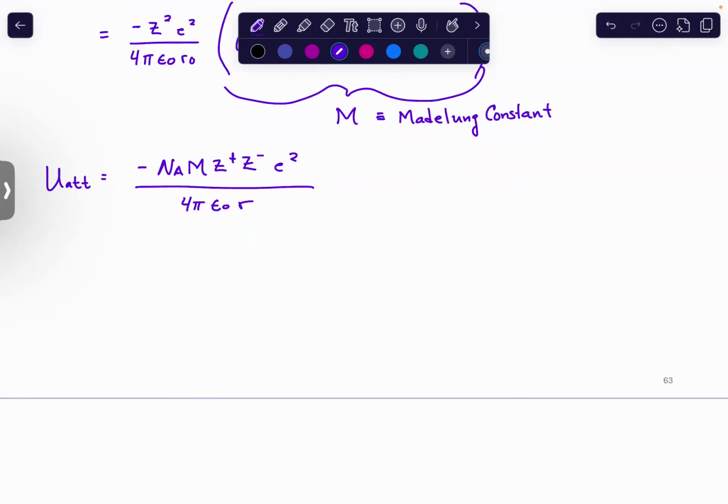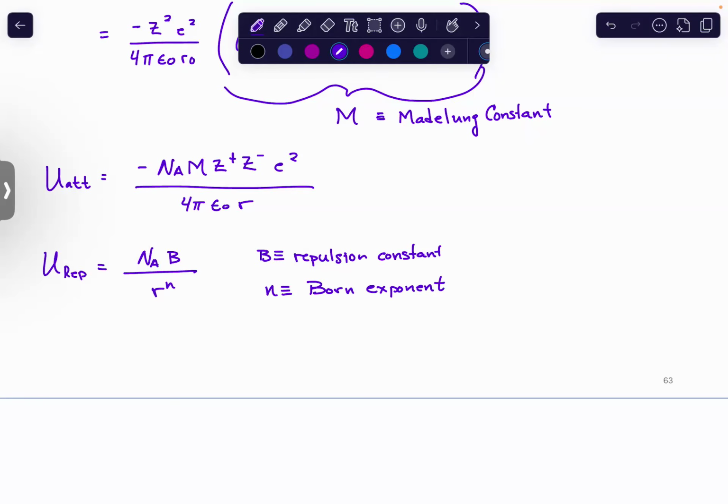You can work through the math, but our repulsive potential is going to take a format, and in this case B is the repulsion constant, and N is your Born exponent.